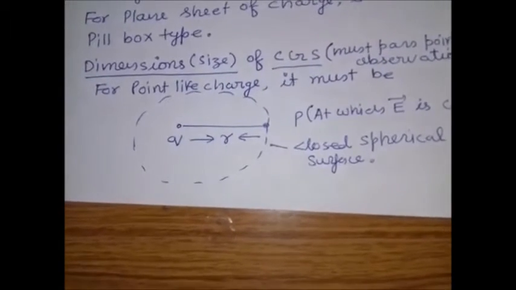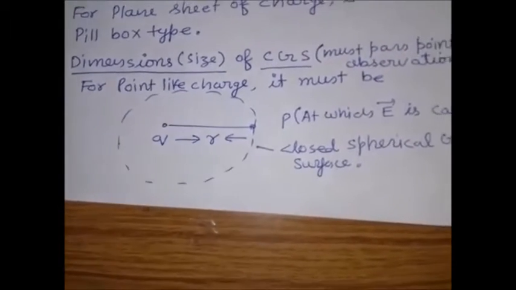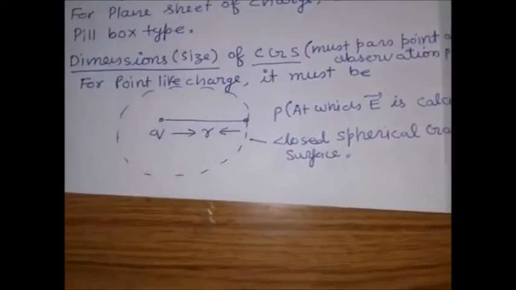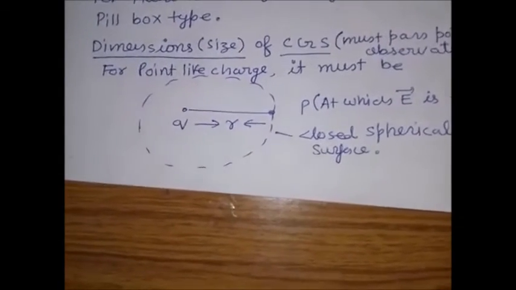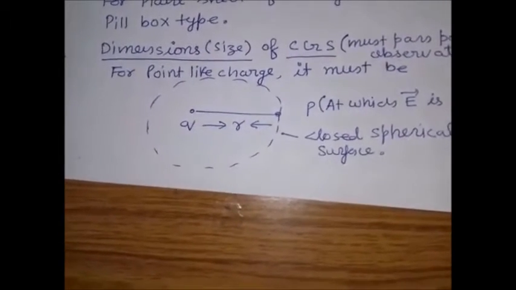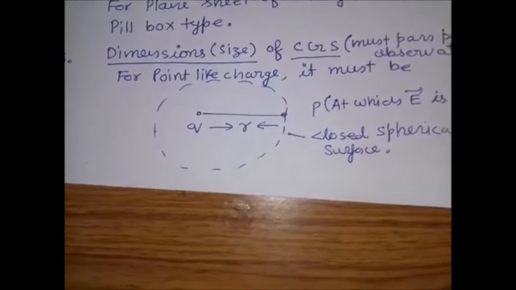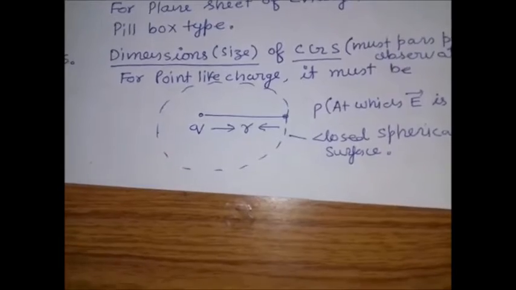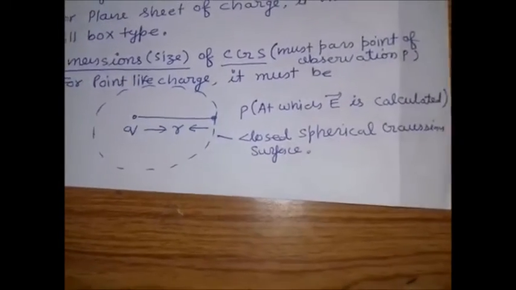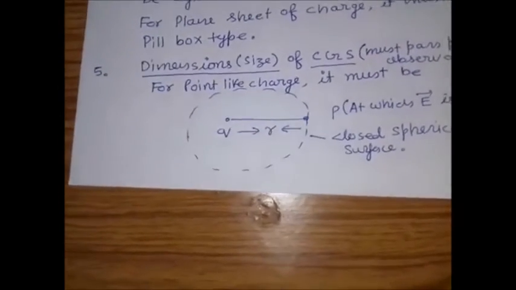You can see in the figure, you see P at which E is calculated. Okay, so taking the source point charge Q as the center of the sphere, you make a closed spherical Gaussian surface of radius r.